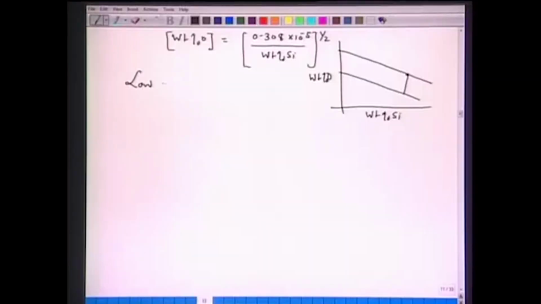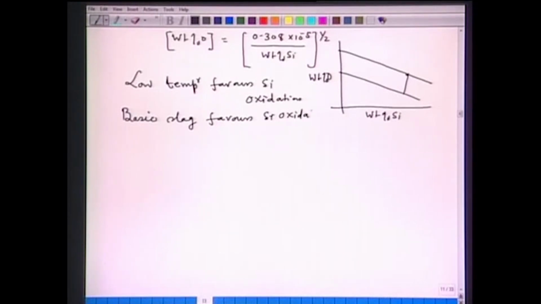Second thing is that low temperature favors silicon oxidation, and basic slag also favors silicon oxidation. Why? Because if a slag is basic, the activity of SiO2 is drastically reduced, and hence the basic slag favors the oxidation of silicon in the metal.